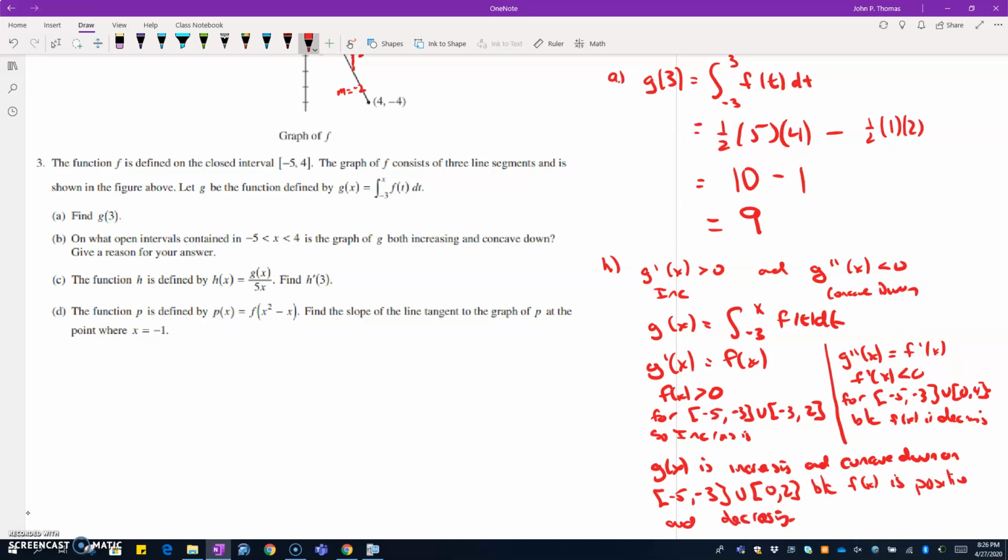Those are the two conditions from the graph that we're considering to make that decision. So that takes care of part B.